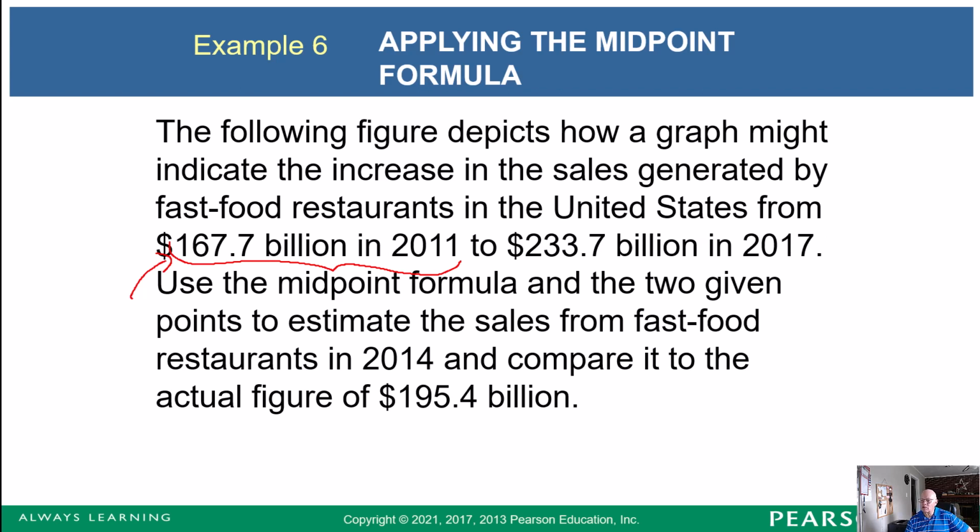Now use the midpoint formula and estimate the sales for the year 2014, which is halfway between 2011 and 2017. See what you get for the midpoint and then compare it with $195.4 billion.